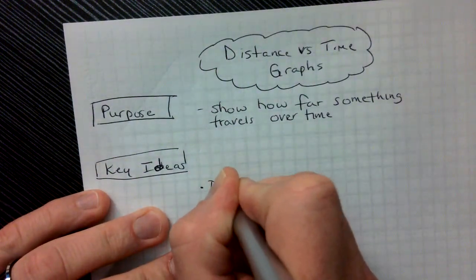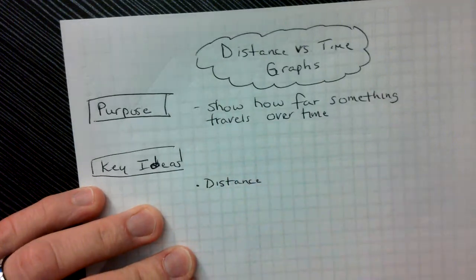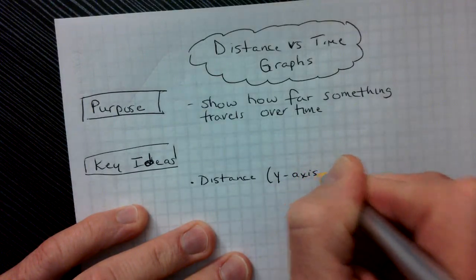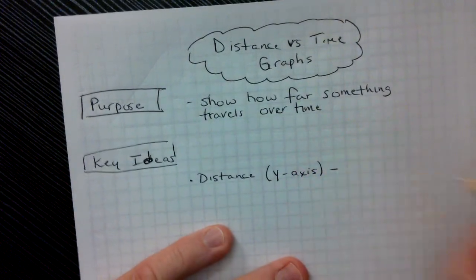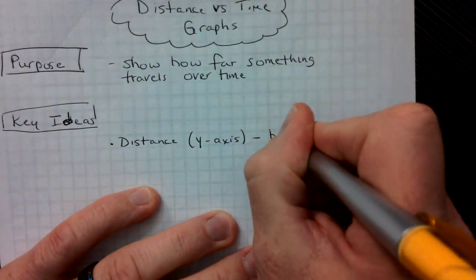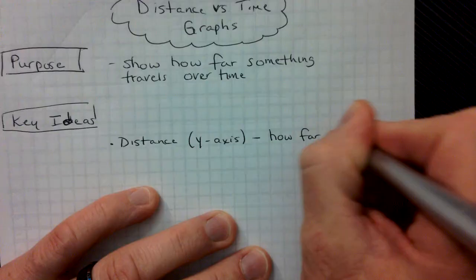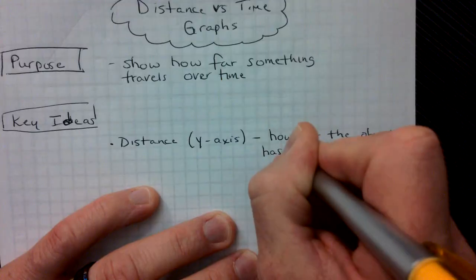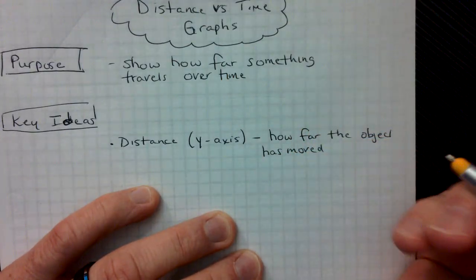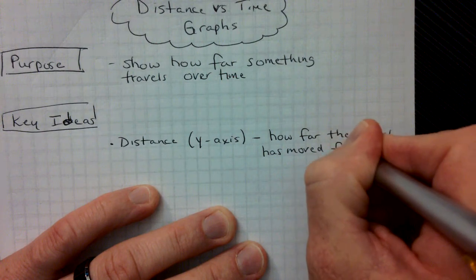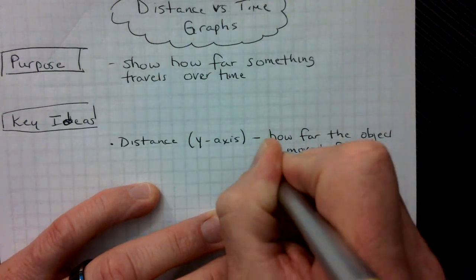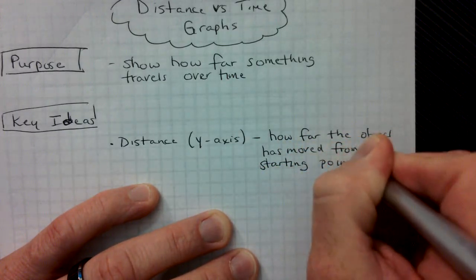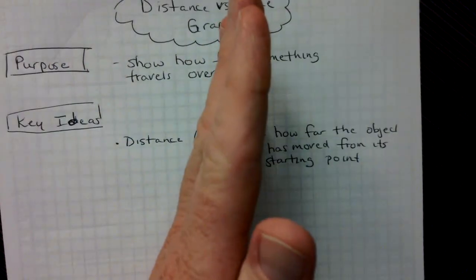In this case, on the y axis, we show distance, and this shows us how far the object has moved from its starting point. That's the y-axis, the vertical axis.